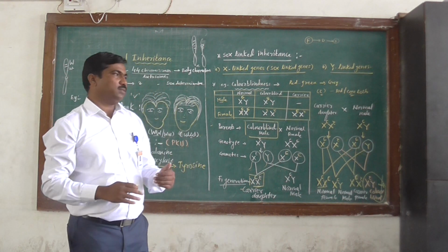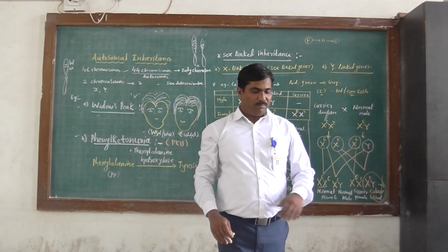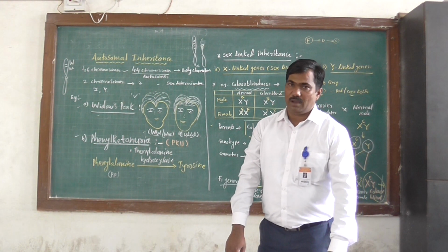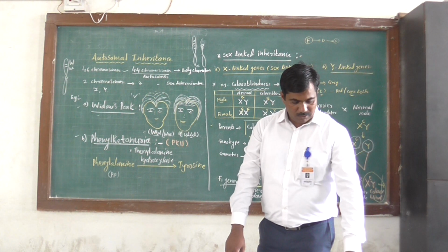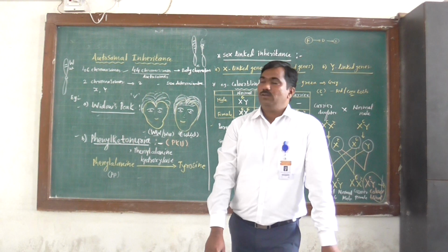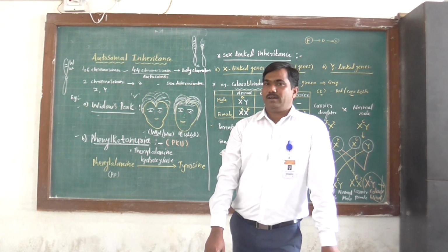Another similar example of the same type of inheritance occurs in hemophilia. Hemophilia is also an X-linked disorder. It is caused by recessive X-linked genes.